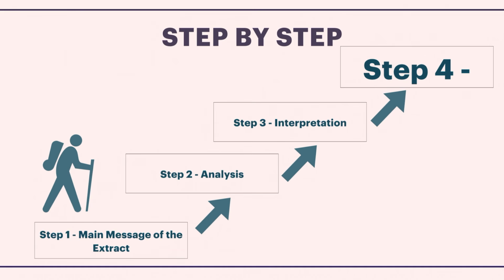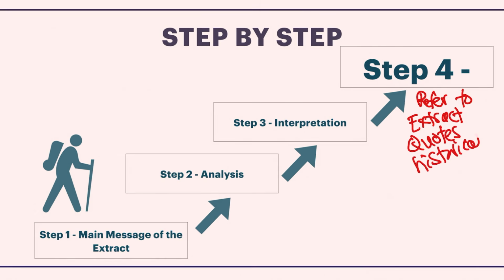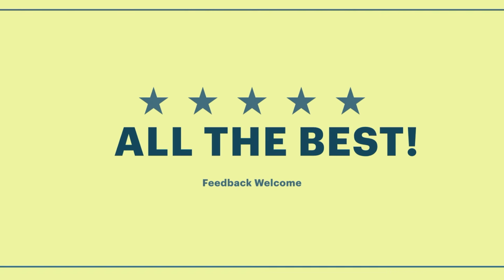And the last one, step 4, is to refer to the extract with quotes and the historical evidence or knowledge that you have. Okay, that's all for a quick exam technique on how to answer A-Level Paper 3. All the best in your exams.